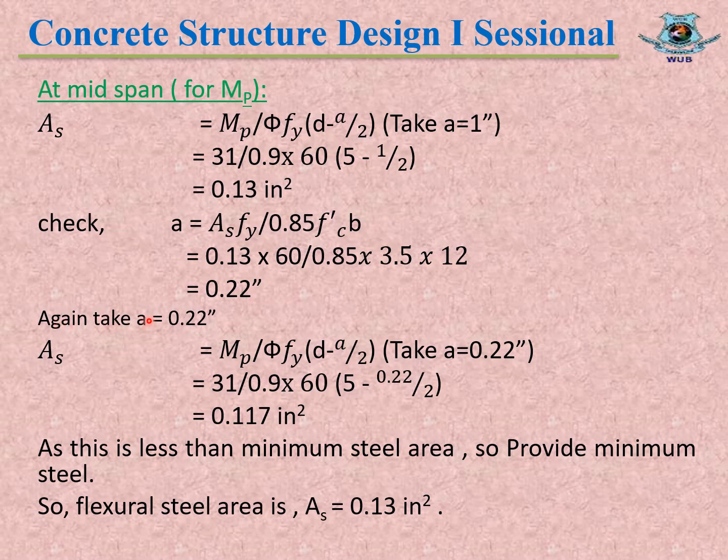Again, take a equal to 0.22 inch and steel area As is equal to 0.117 inch square. As this is less than minimum steel area, so provide minimum steel. So flexural steel area is 0.13 inch square at mid span.